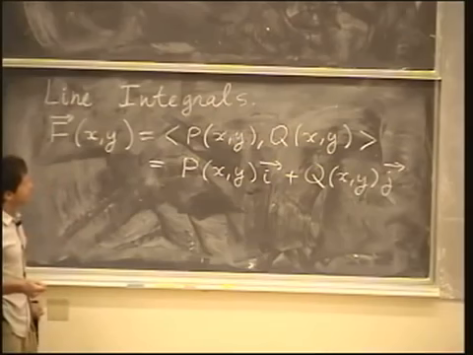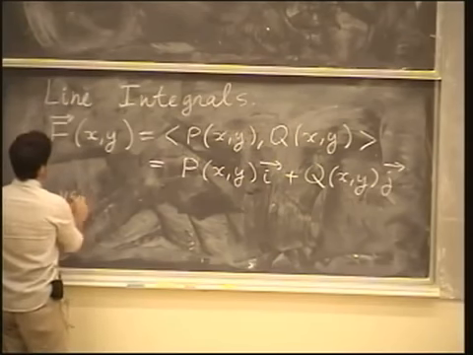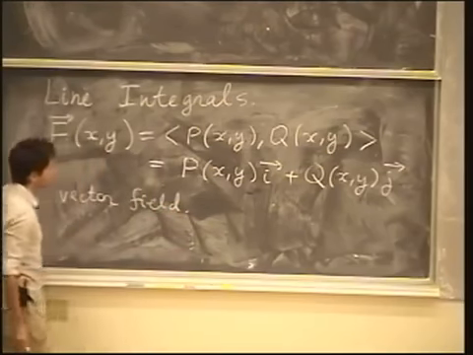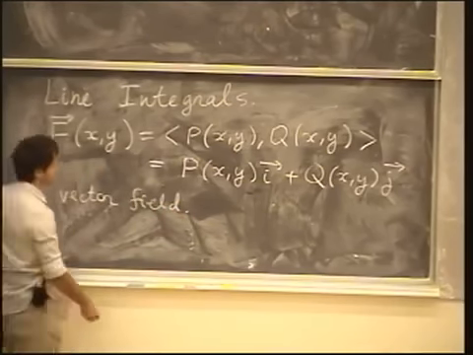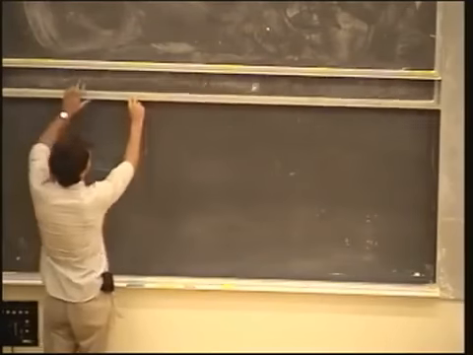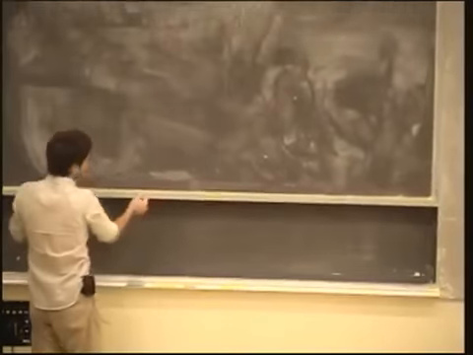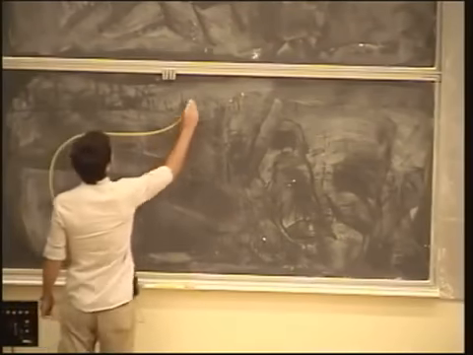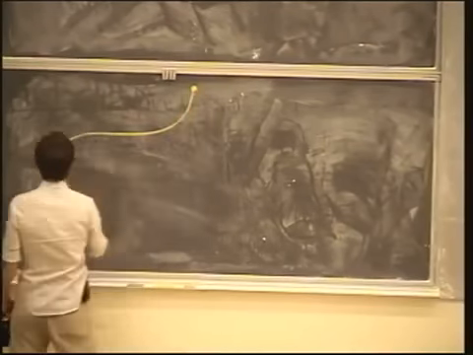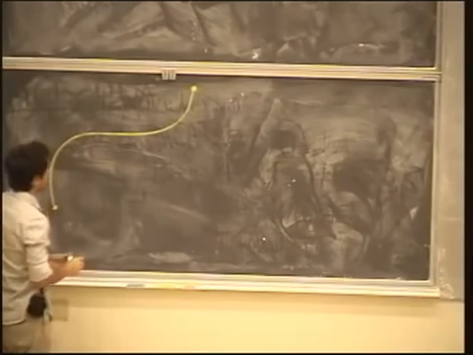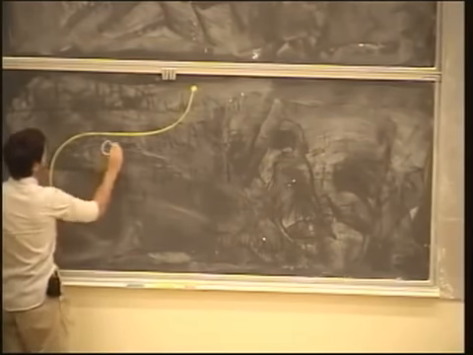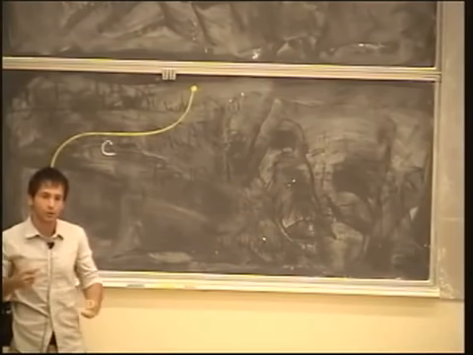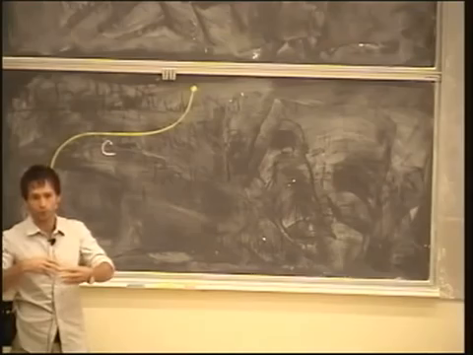So you're given a vector field. Okay? And in addition, you are given a curve on the plane. This is a curve with, in this case, two boundary points, but in general, you could actually also look at closed curves, which don't have a boundary.